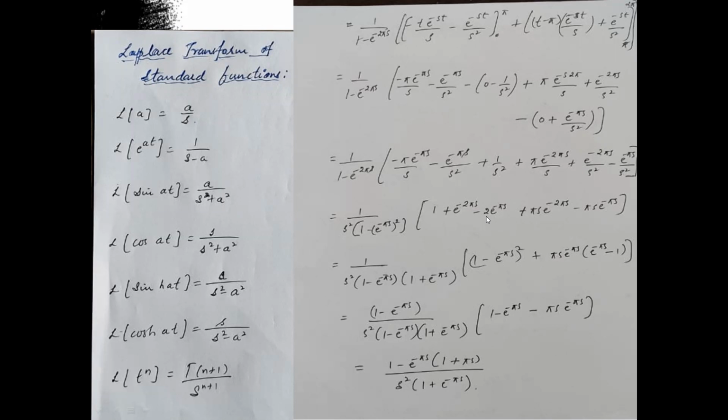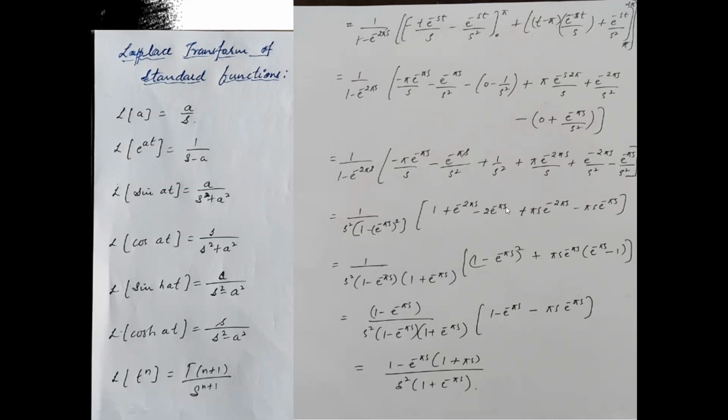So if we add them, we'll get minus 2 into e raised to minus pi s. Then this term we have pi into e raised to minus 2 pi s. Taking LCM, it becomes pi s into e raised to minus 2 pi s. Similarly, if we take LCM, here it is minus pi s into e raised to minus pi s.